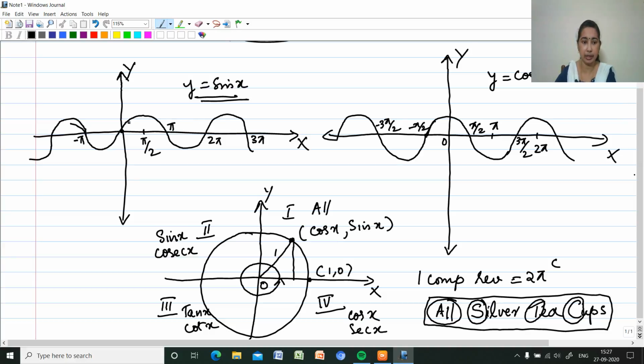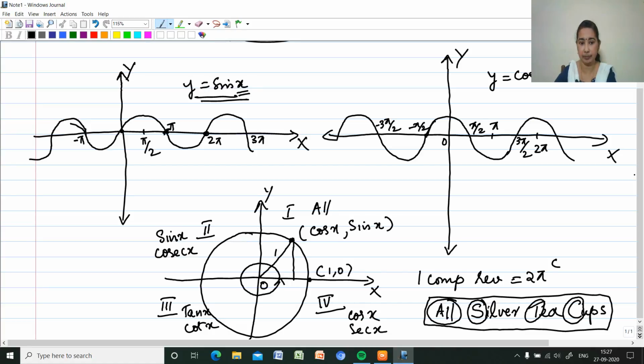The graph of sin x is like this, and sin x will be 0 when the graph is touching the x-axis. At which points will it be 0? That is sin pi. If I give the value of x as pi, sin pi is 0. Sin pi means sin 180 is 0.